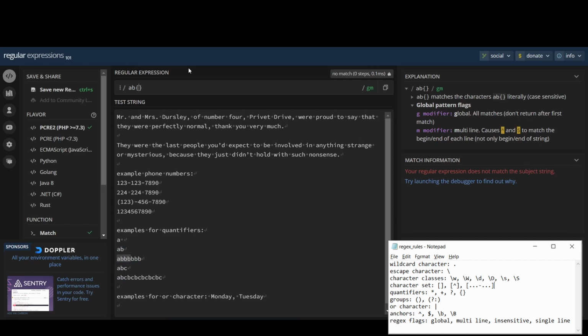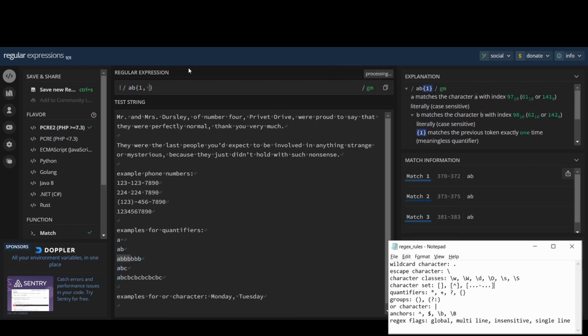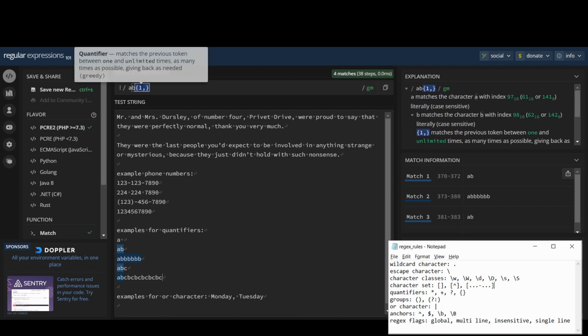So for example, if we want to have B repeated between 1 time and 3 times, we can also do that. In this case, we are finding AB, which is B that happens only 1 time, but also ABBB when the B is repeated 3 times. We can also leave the 1 and then delete the second digit. This means that we want the B to happen at least 1 time.